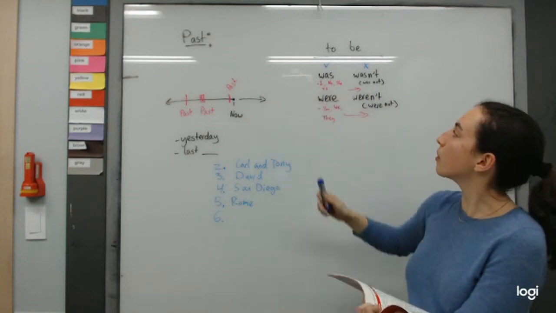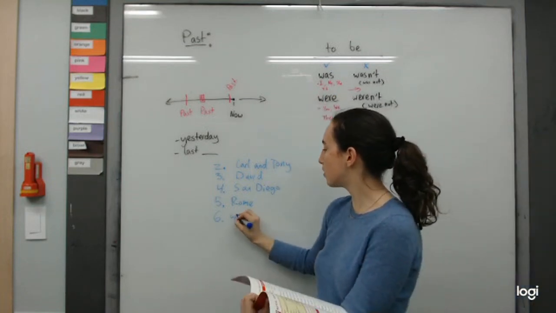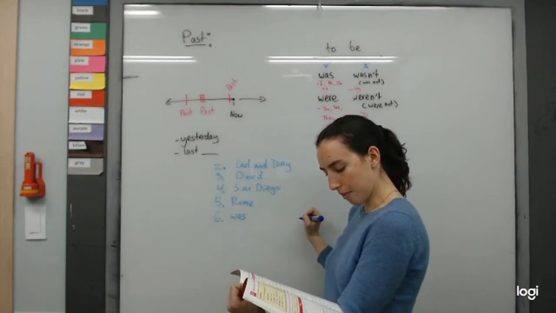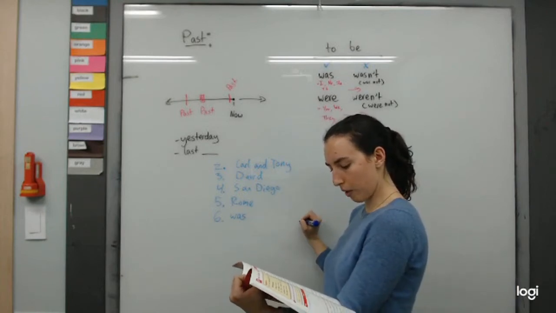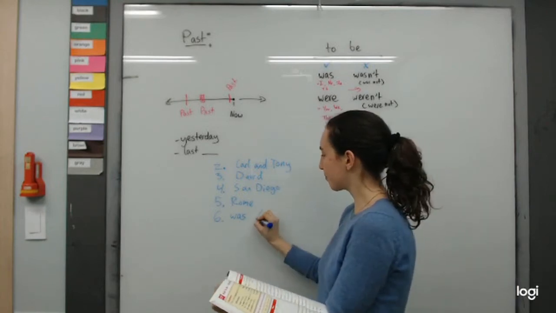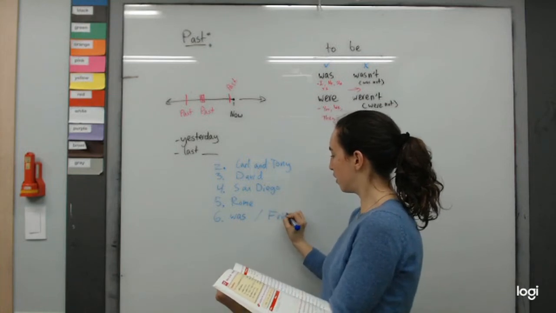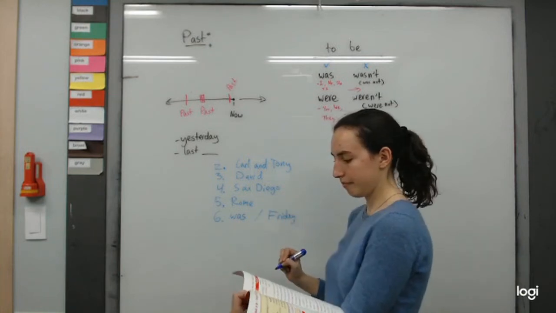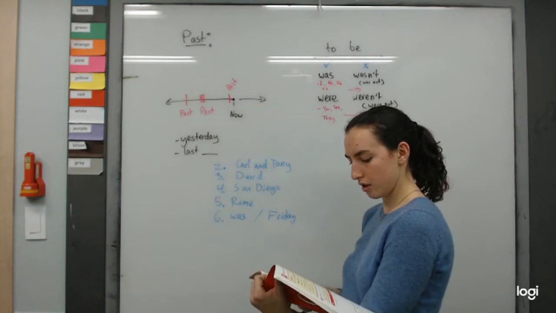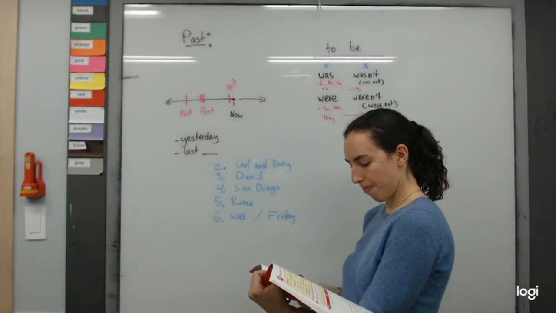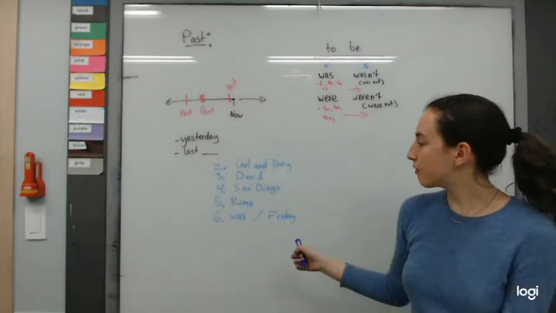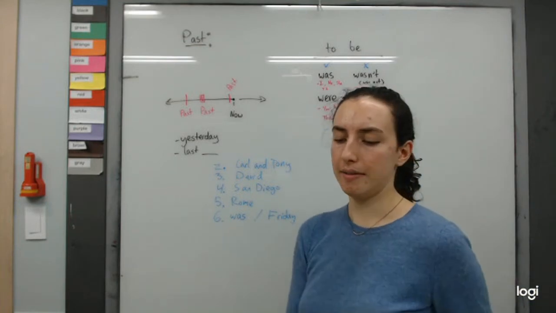David is he, so we use was. David was in Paris, on what day? Friday. Okay. Great. So the next part, finish checking your answers, and then we will move on.